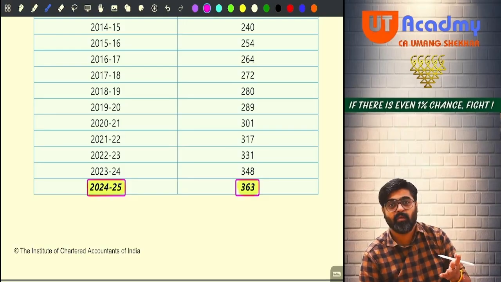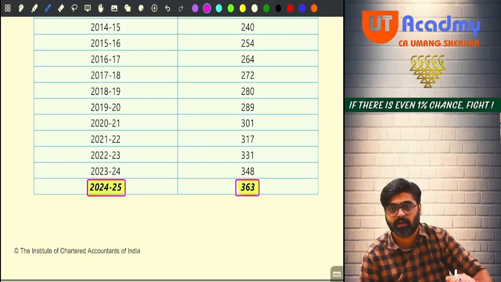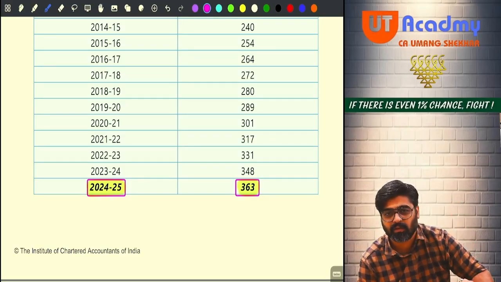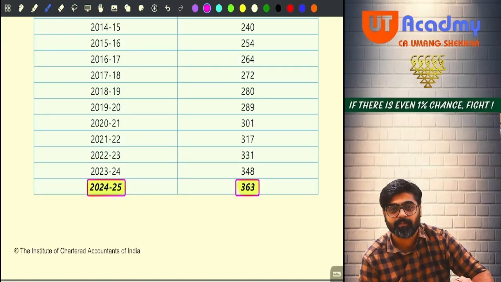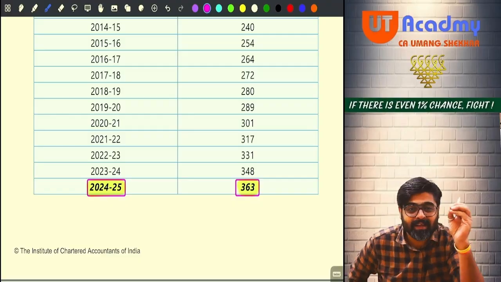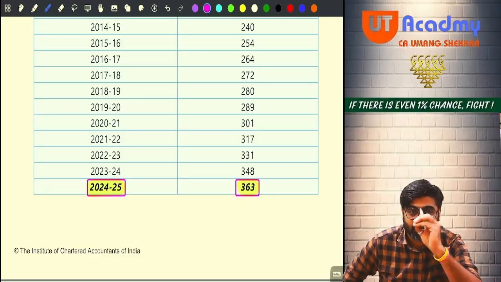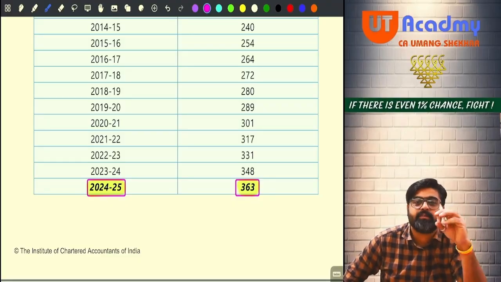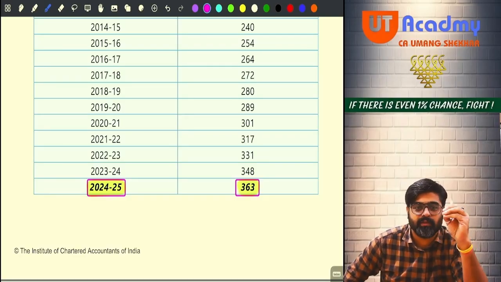That same thing will cost me 363 right now. What is the reason for that? Reason is inflation. And that inflation is counted here. This is an index showing your cost inflation. Hence, this index is known as cost inflation index.